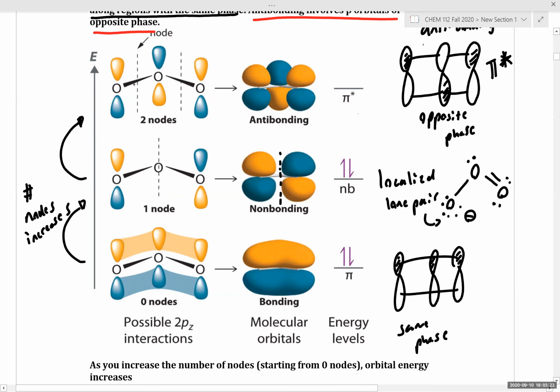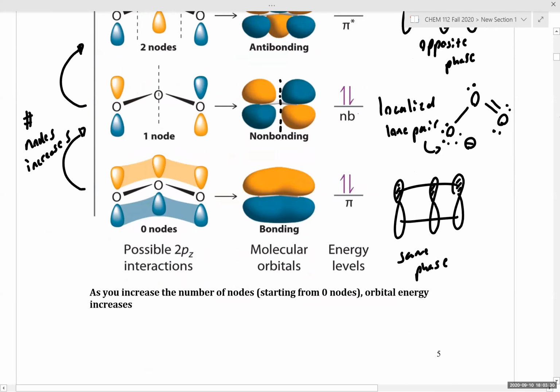We have more regions where there's no electron density shared between our atoms. In general, as you increase the number of nodes, the orbital energy increases as you have less overlap between regions of the same phase and less stabilizing interactions between your orbitals.